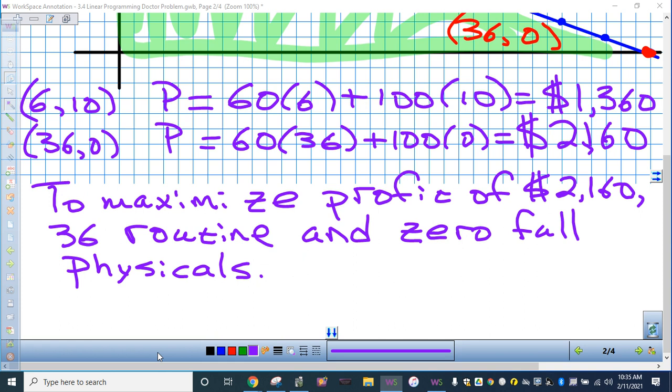I know this profit statement can stress some people out, right? Don't make it hard. We're just 36 of the x, 0 of the y, x is routine, y is full. So 36 routine, 0 full, to make a profit of 2160.